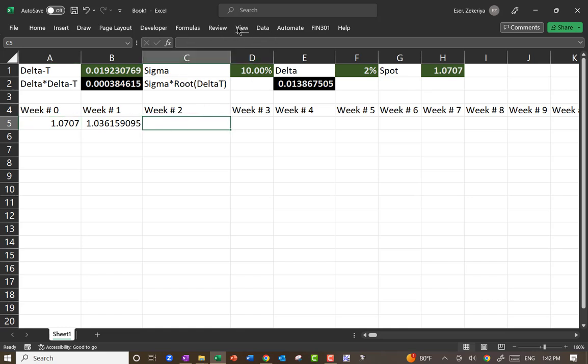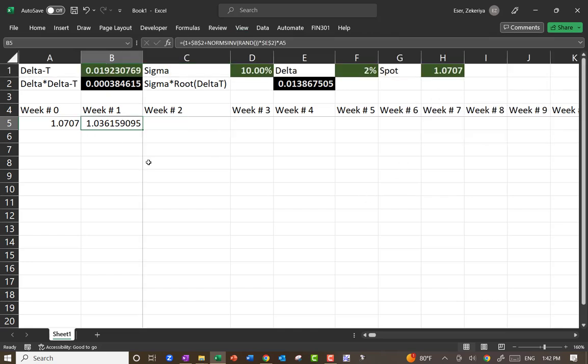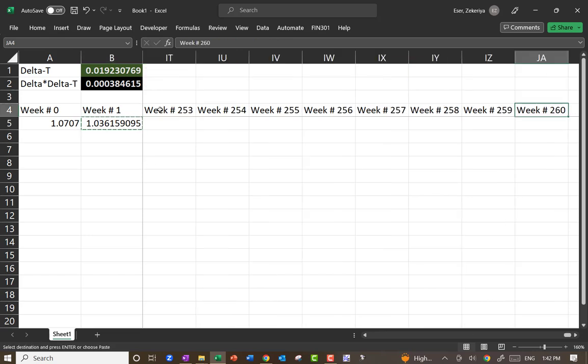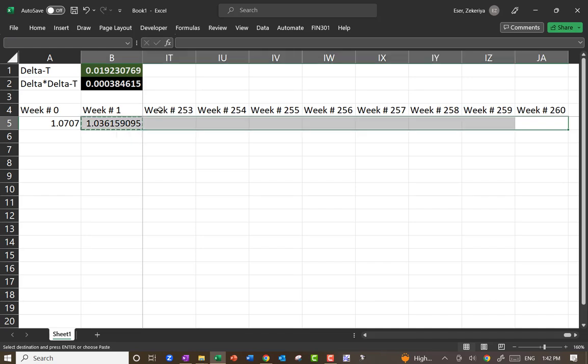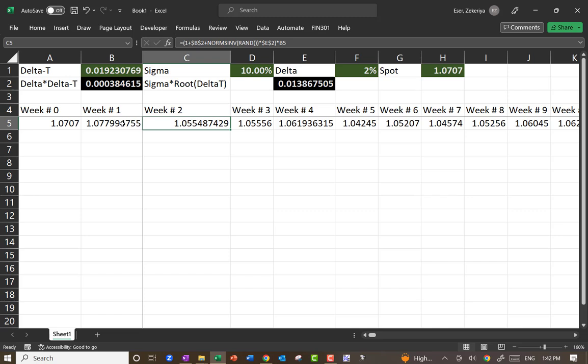Let me freeze the panes. So I'm going to copy this formula from week 1 into all of the weeks. And if you look at it, the only thing that's changing is the starting price, and we're basically adding a new random number. Okay?